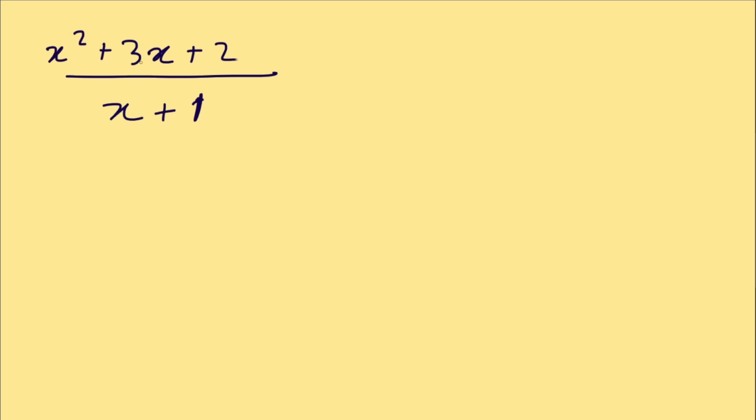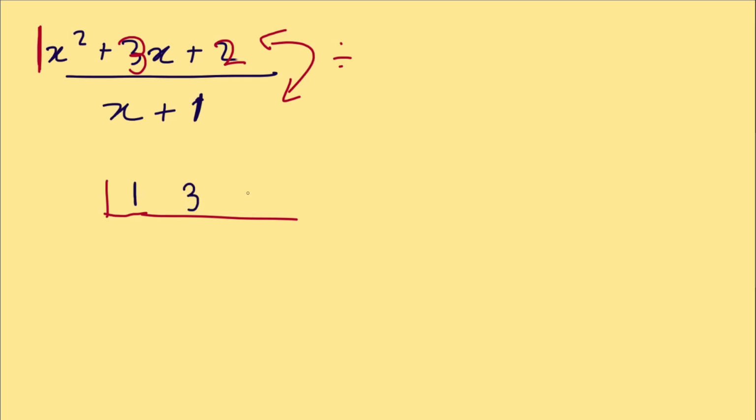So here's how you would set this division up with synthetic division. Now first, you draw some lines, okay? So it could be like that, or like that, or maybe draw it like that. Now on this top line, you're going to write the coefficients. So this would be 1, 3, and 2.